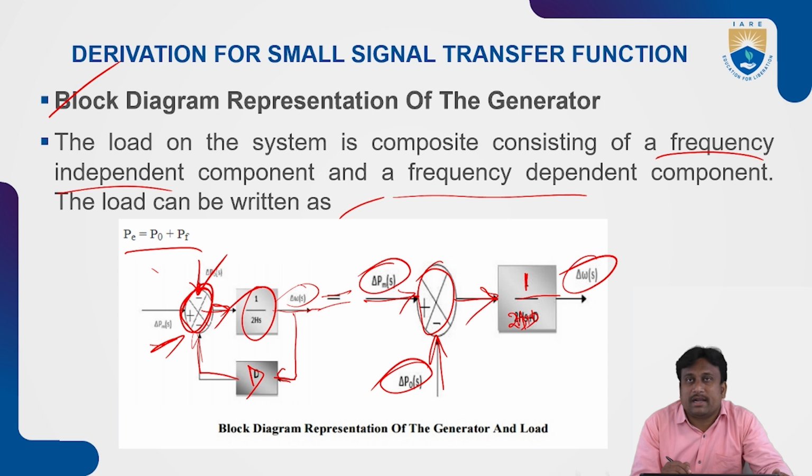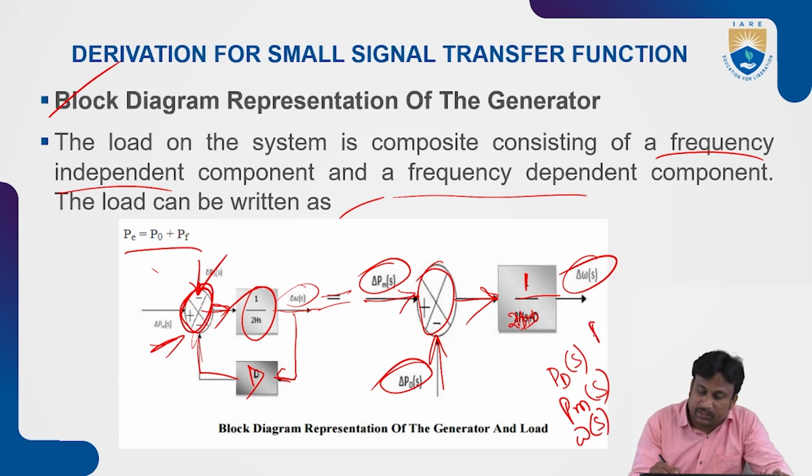Here the generator and load sections are tied together with various block parameters, such as delta PDF of s, Pm of s, W of s, PG of s.